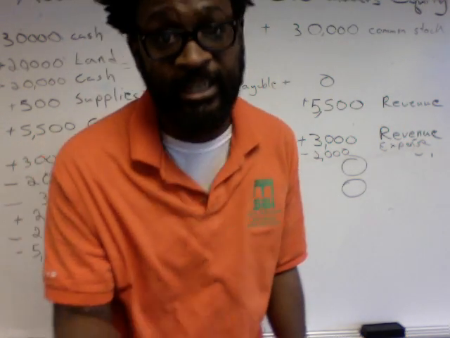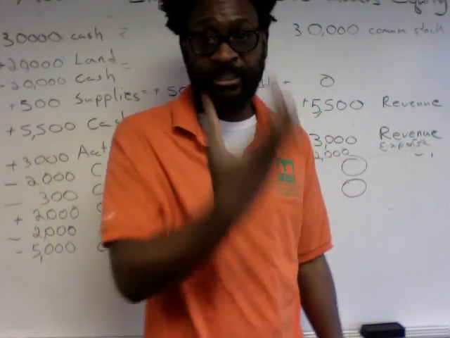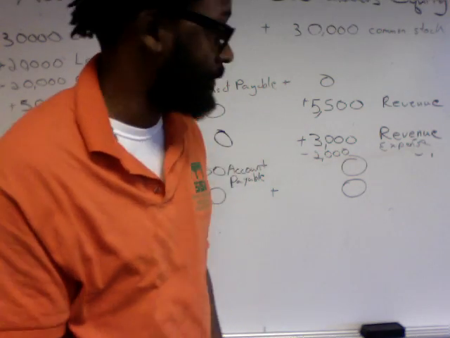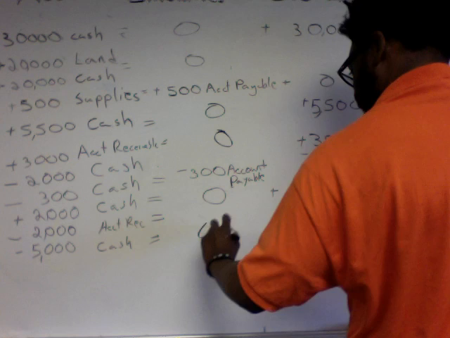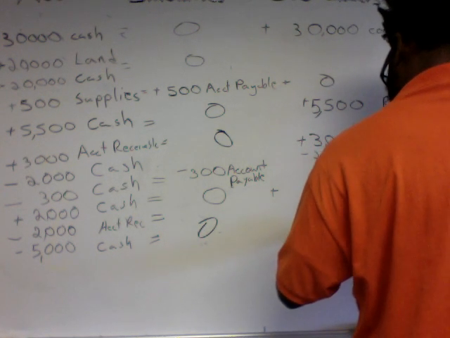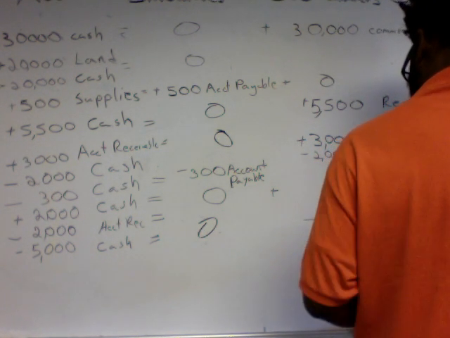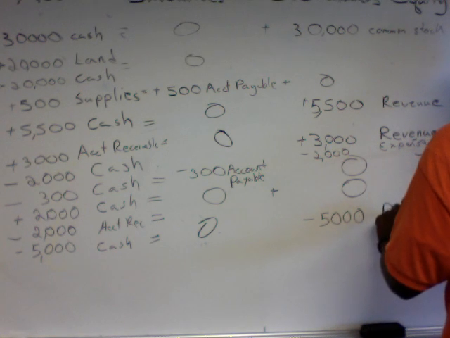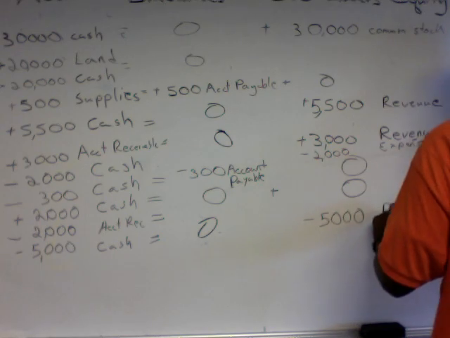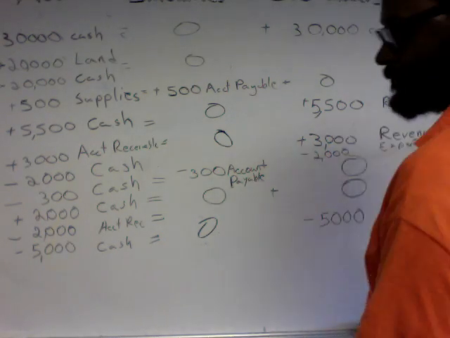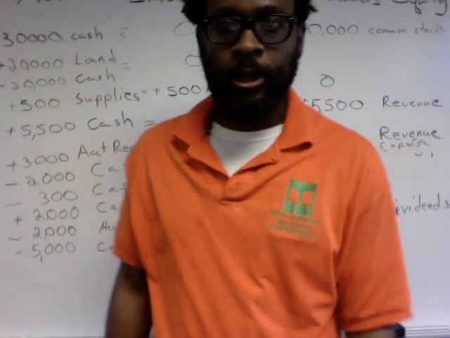Make sure you understand that from the previous lecture. So, stockholders' equity is going down by $5,000, and it's going down through our account called dividends. All right.